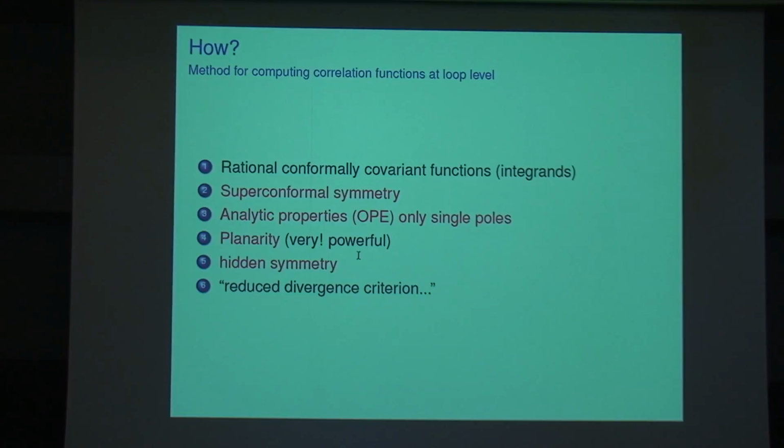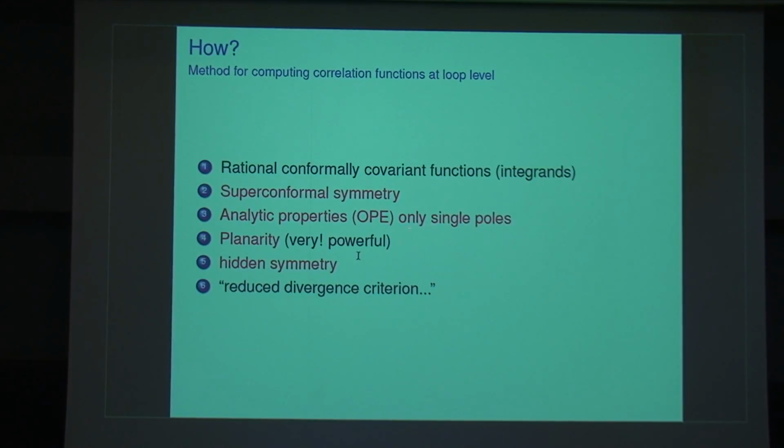Okay, so I'm going to give an increasing amount of detail about how I'm going to compute these things. First of all, they're integrands, so they're rational functions, nice simple objects. There's just a lot of variables. Superconformal symmetry enables us to write it in terms of just one quantity of just the x's.